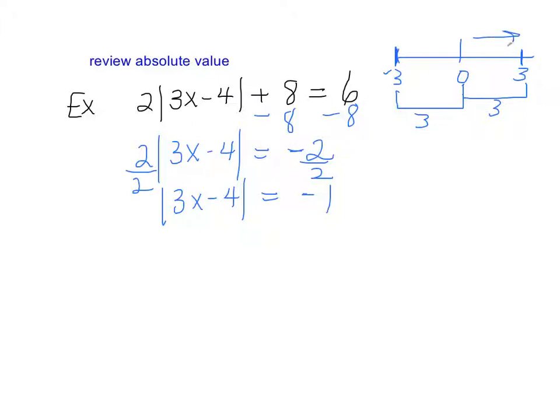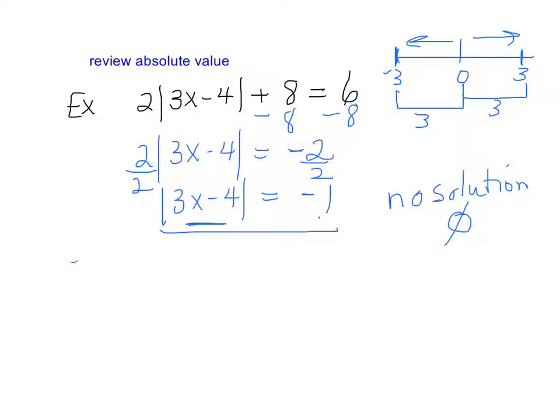So when you get to this point right here, what that's saying is that the distance from this part to the origin is negative, and that cannot be. So this is no solution. Another way to write this would be an empty set. There is nothing that would make that true, because by definition, the absolute value is the distance.